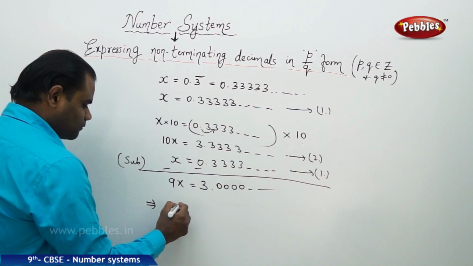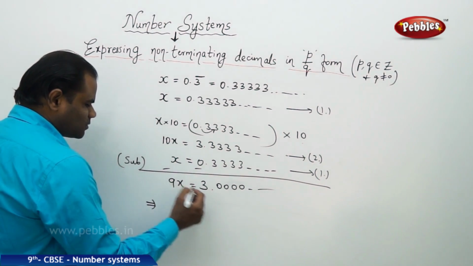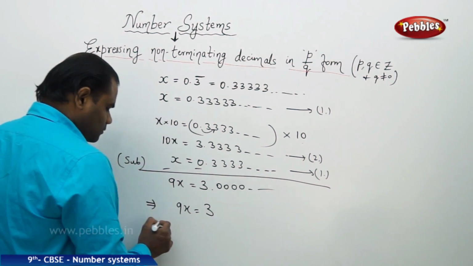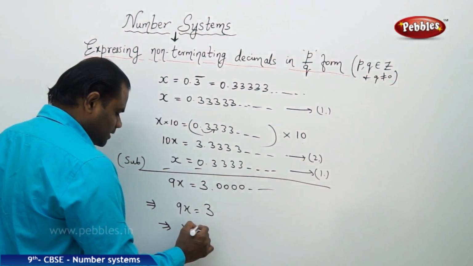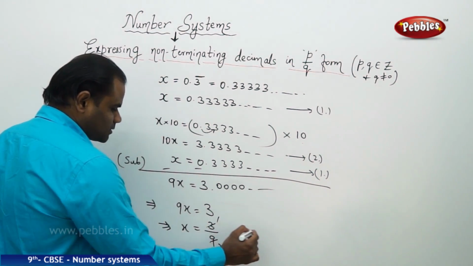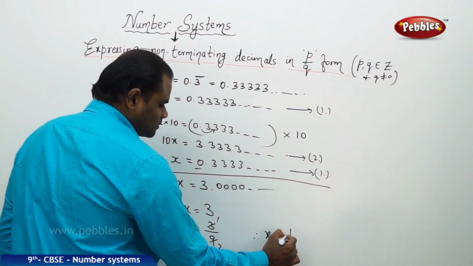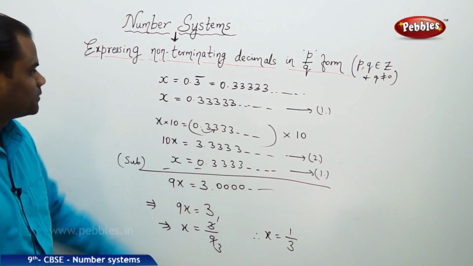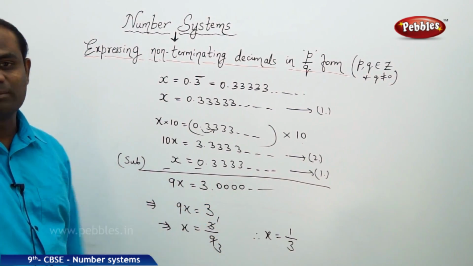Therefore, on further simplification this reduces to 9x equals 3, which by taking the constant to the right gives me x equals 3 over 9, which is 3 ones are 3, 3 threes are 9. Therefore, x is 1 over 3. So my x, which is 0.3 bar, can be written as 1 by 3.